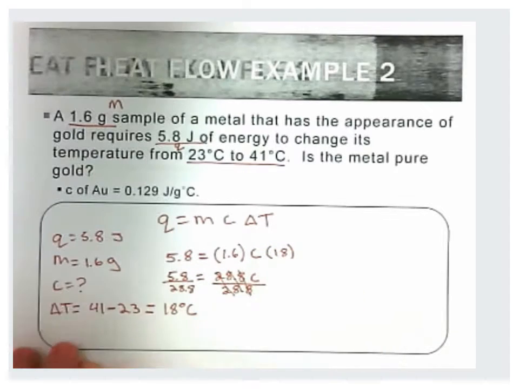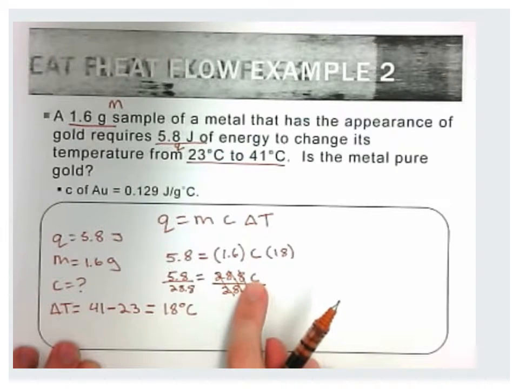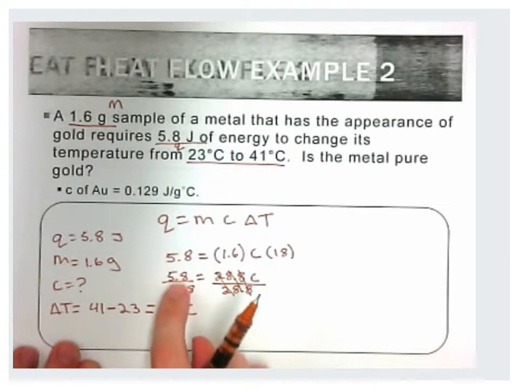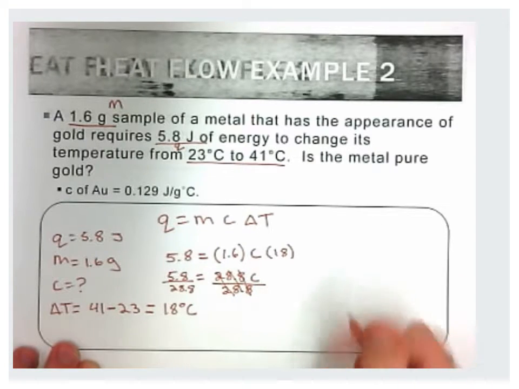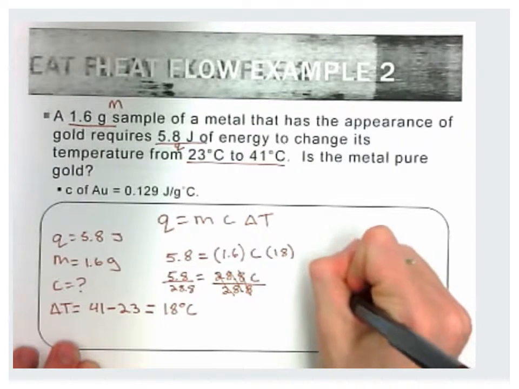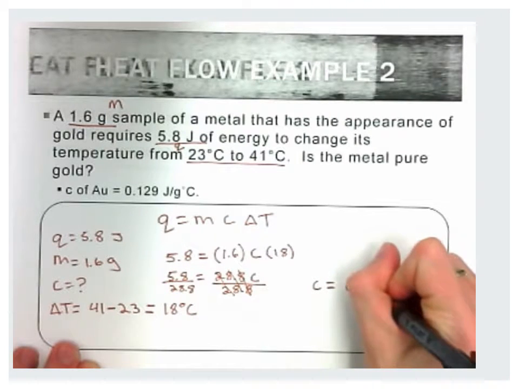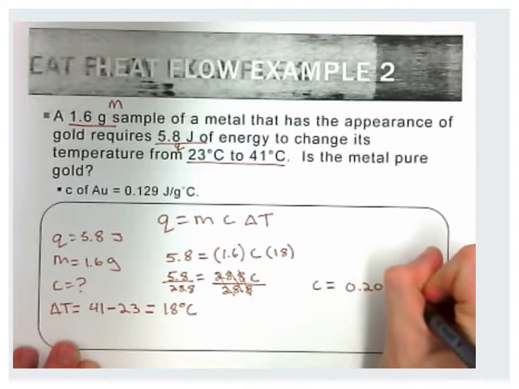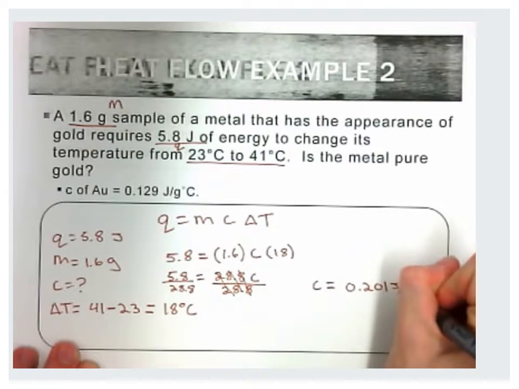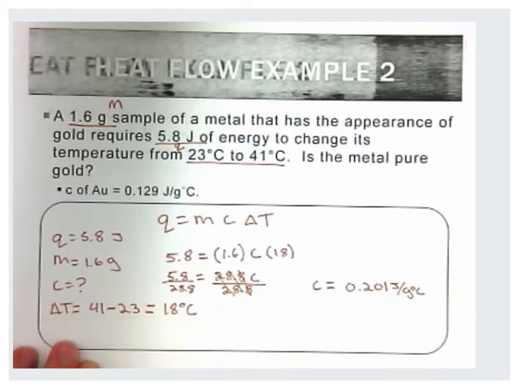This cancels out. Anything divided by itself becomes 1. And I end up with C is equal to 5.8 divided by 28.8. So if I plug that in, I'll get my heat capacity is equal to 0.201 joules per gram degree Celsius.